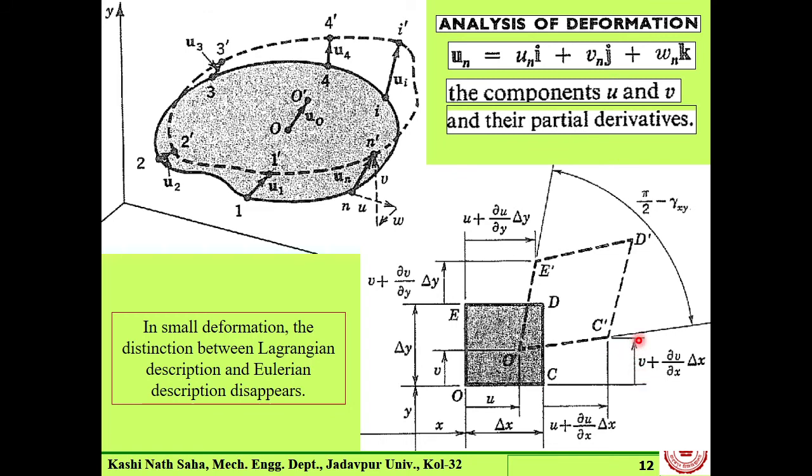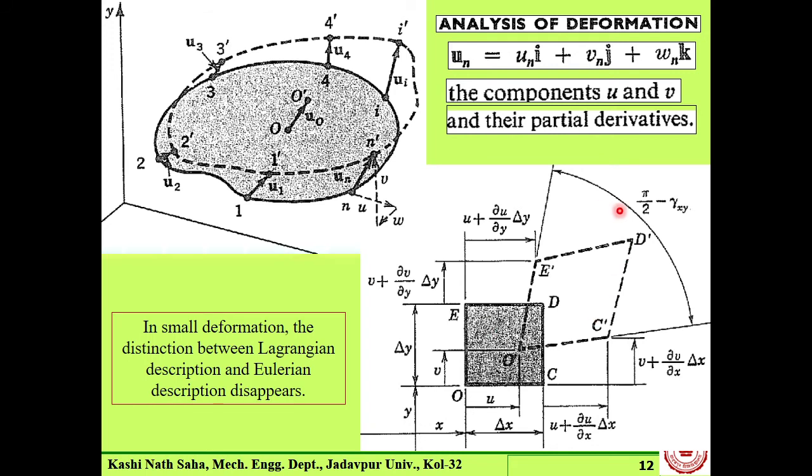The coordinate along y is v plus del v del x into delta x, since C is along x. And for point E, this is del v del y into delta y. E goes to E prime. So that way we can find out the coordinates of these points.